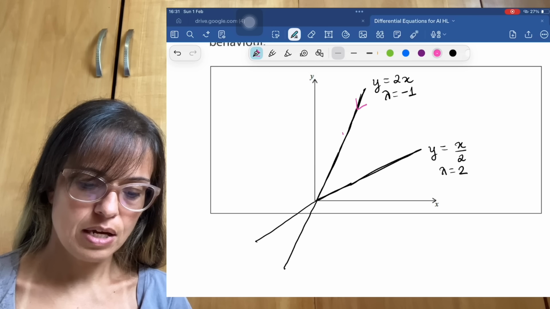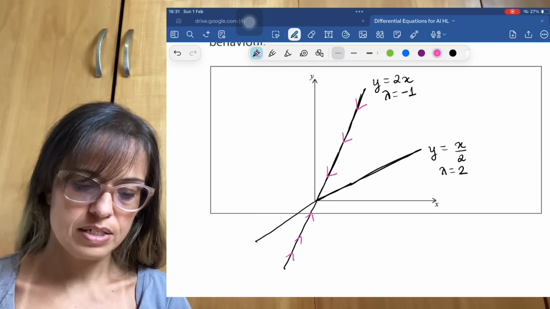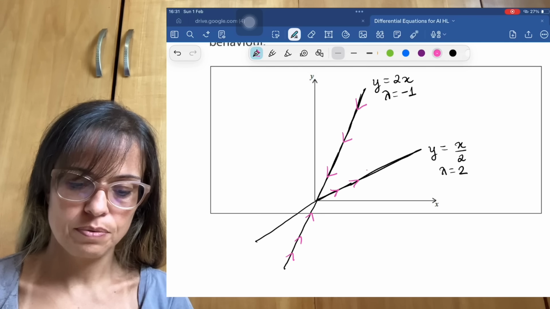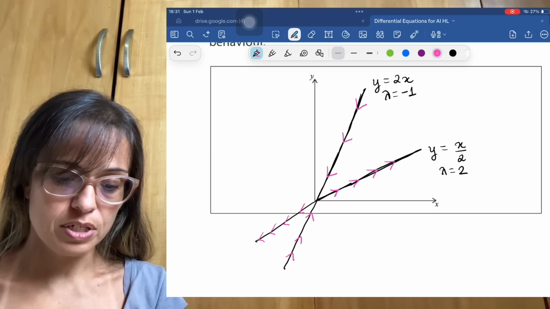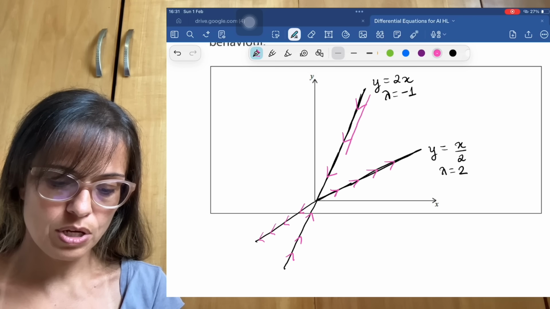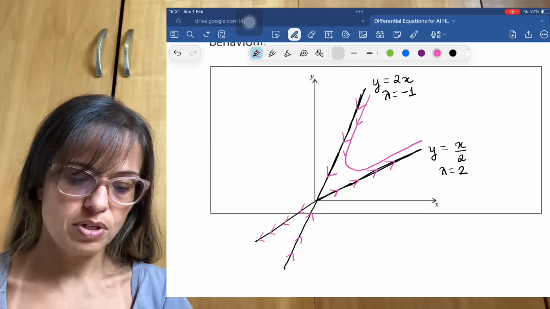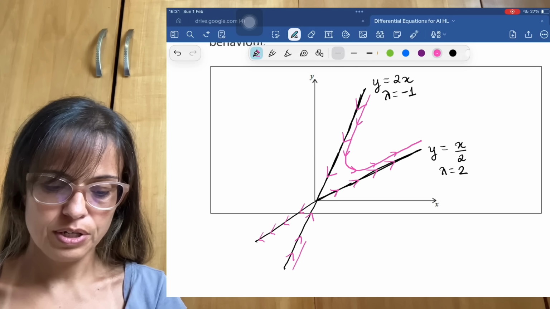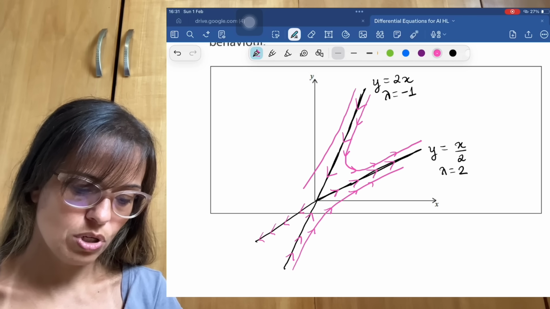This line has arrows pointing in, and the other line has arrows pointing out. So we know what to do with the trajectories in between them. They start by going this way, eventually turn around and go that way. These are the arrows. Down here, it's this way, and up there is going to the left.